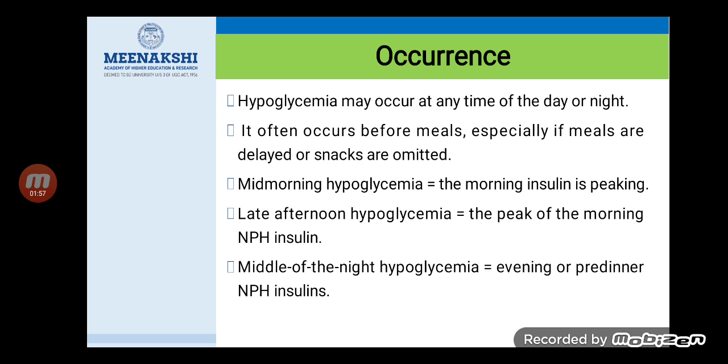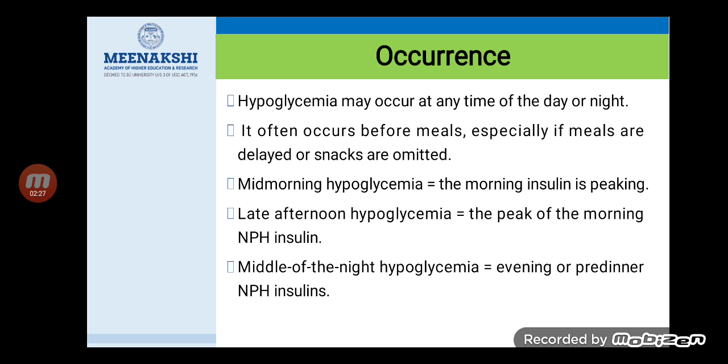Let us look into the occurrence of hypoglycemia. Hypoglycemia may occur at any time of the day, either day or night. It often occurs before meals, especially if meals are delayed or snacks are omitted. We can classify this hypoglycemia based on the timing of occurrence. Mid-morning hypoglycemia usually occurs when the morning insulin is peaking.